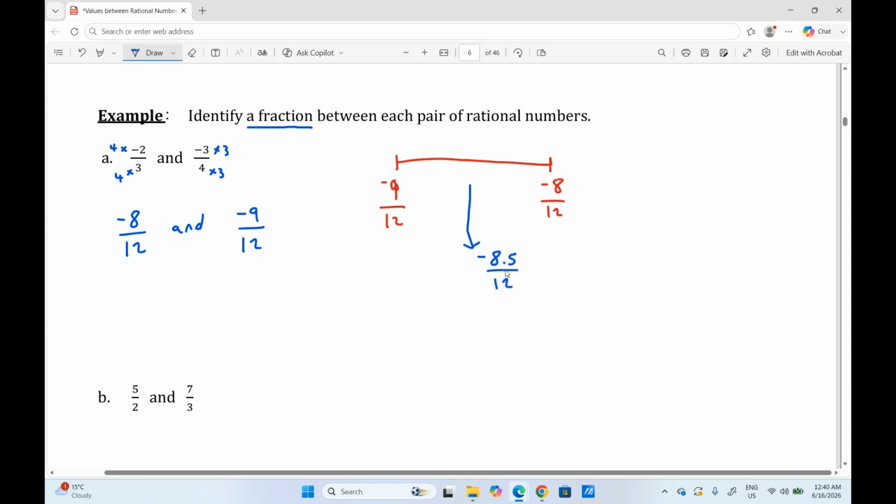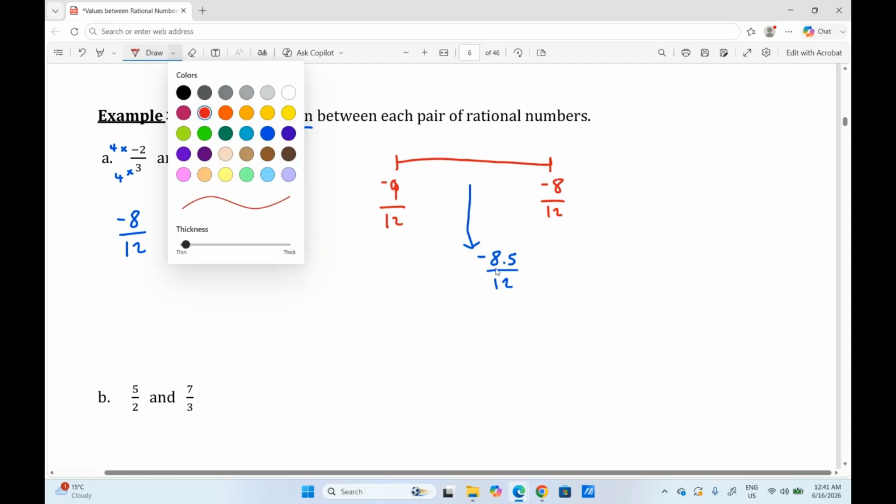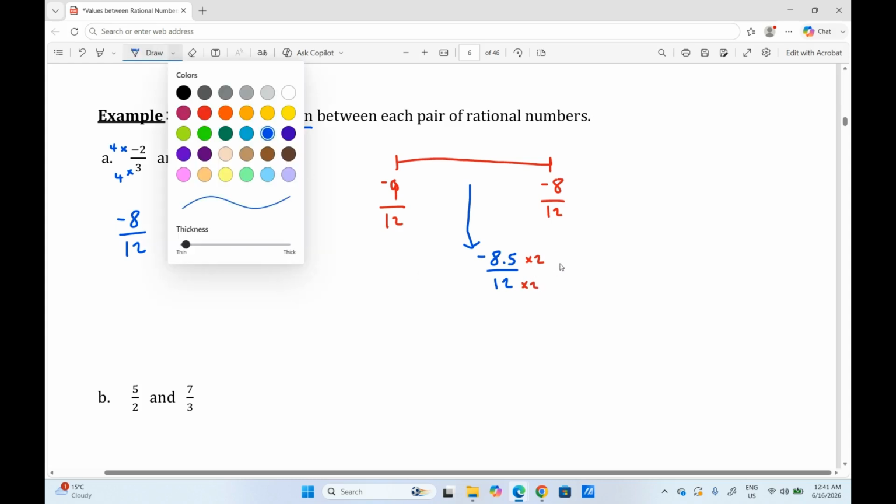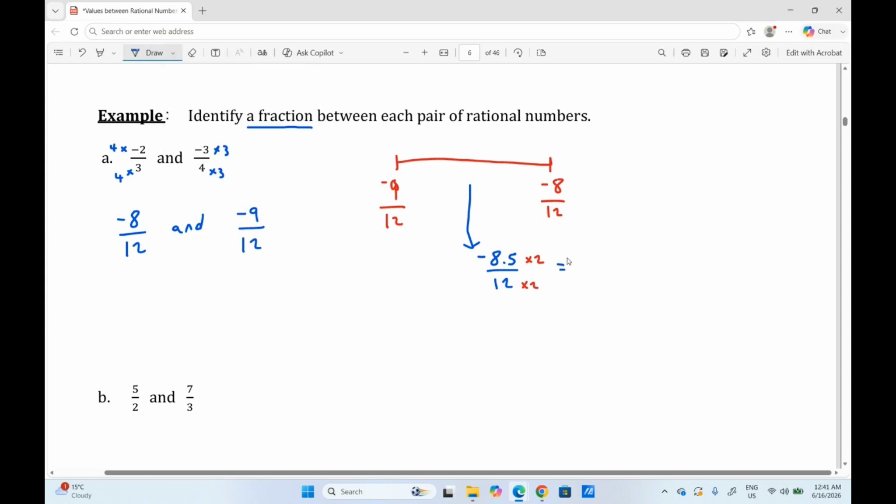But recall, guys, for a fraction, we can't have a decimal in a fraction. So to get rid of this decimal, I'm just going to multiply it by a number. In this case, I'm just going to multiply the top number by 2. And if I do that to the top, I do it to the bottom as well. So upon doing that, negative 8.5 times 2 is just going to be negative 17. And 12 times 2 is going to be 24. So a fraction that would work would be negative 17 over 24.